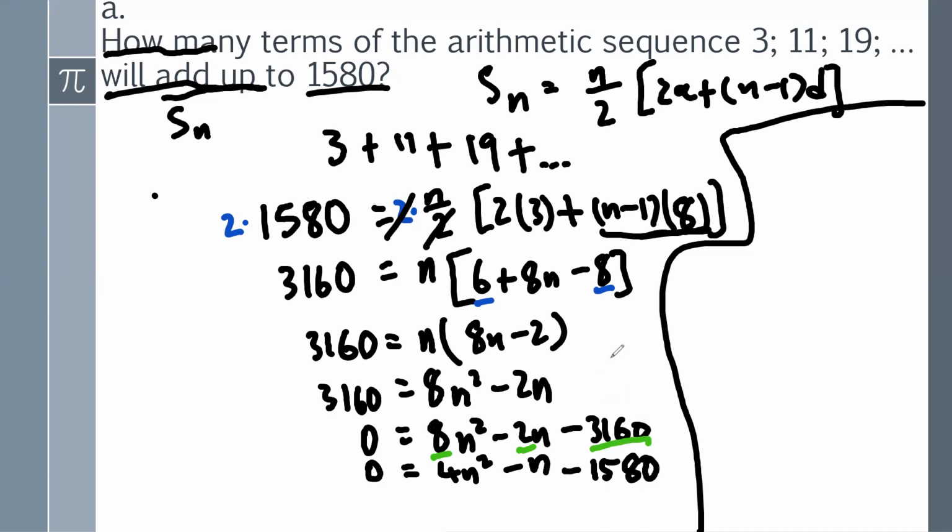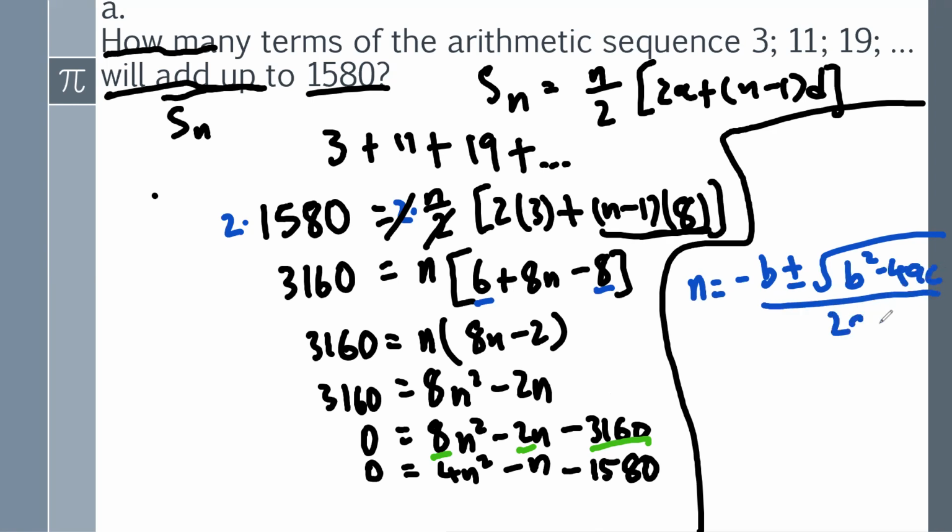All right, so what do you do now here? If your factorization is really good, go ahead and try that. But remember, the first equation we are given in our formula sheet is the quadratic formula. So it is still applicable here, even though we are solving for n and not solving for x. You can still use it. Why? Because the equation is quadratic. All right. So let us substitute.